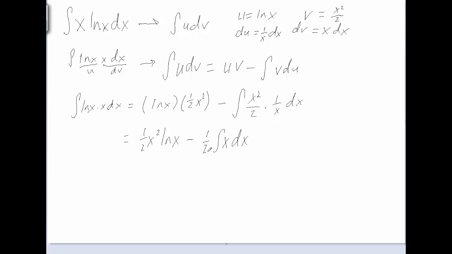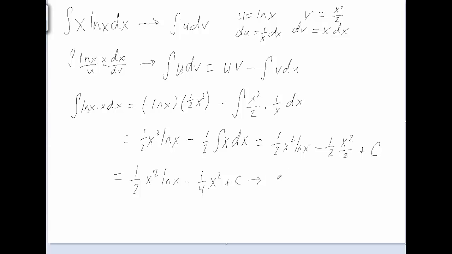We can bring the 1/2 outside. And that gives us 1/2 x squared ln x minus 1/2 times x squared over 2, all of that plus a constant, and our final answer is 1/2 x squared ln x minus 1/4 x squared plus c.